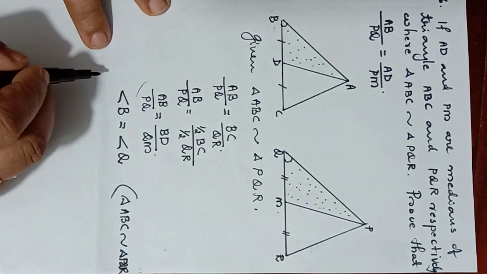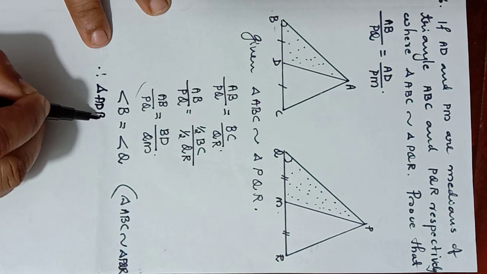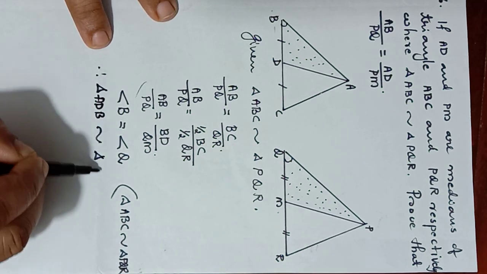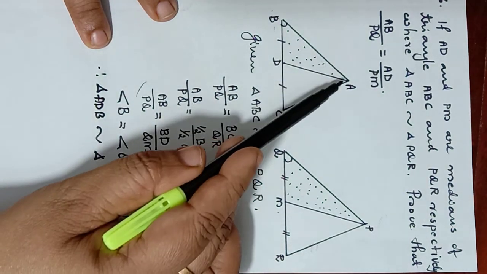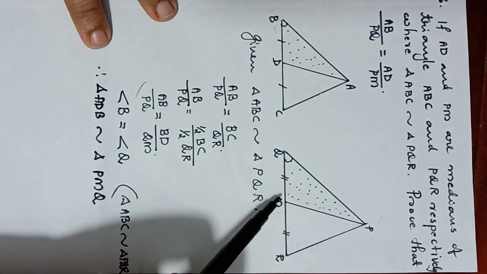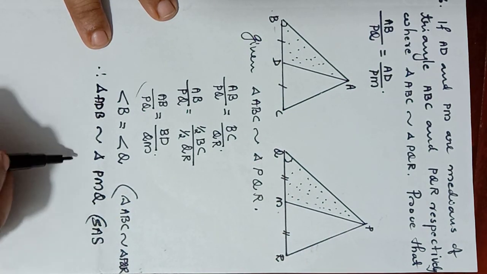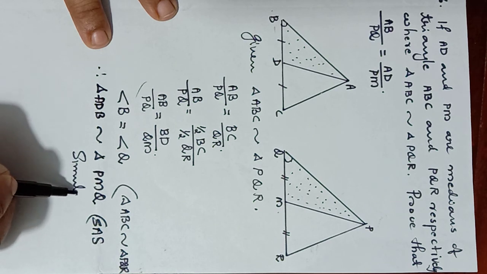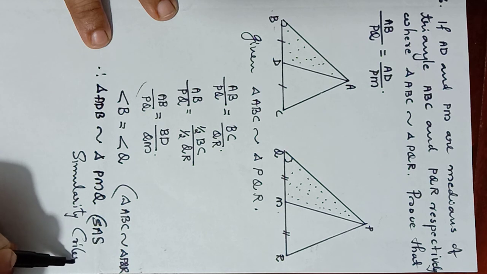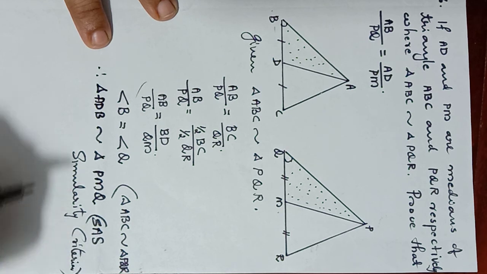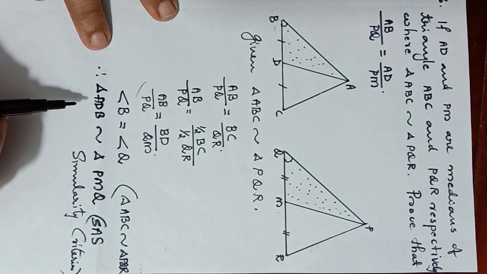So, therefore, triangle ADB similar to triangle PMQ. You have to arrange and write. Triangle ADB similar to triangle PMQ. What is the reason? SAS similarity criterion. Now let us take the sides proportionality.